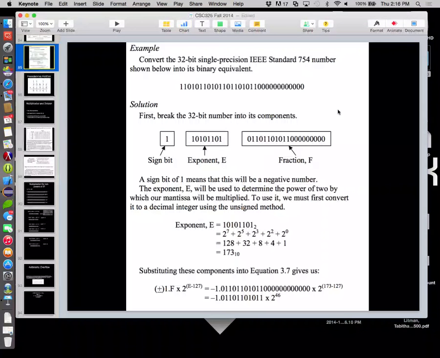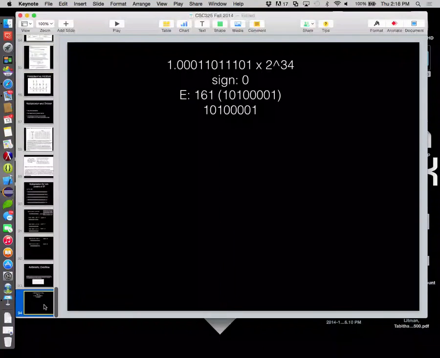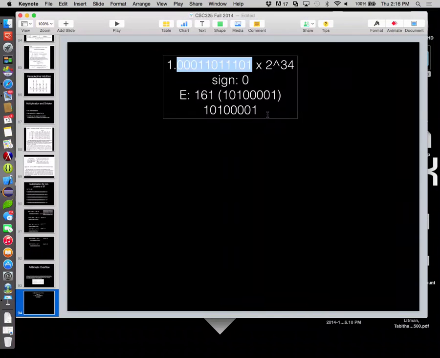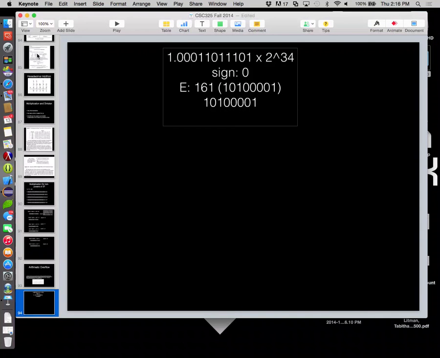Then we have our fraction portion here. This value 0, 1, 1, blah, blah, blah: 0, 1, 1, 0, 1, 1, 0, 1, 0, 1, 1. That gets us to right here. So that's our fraction value, and then we pad it the rest of the way. Everything after this, what's that variable called?